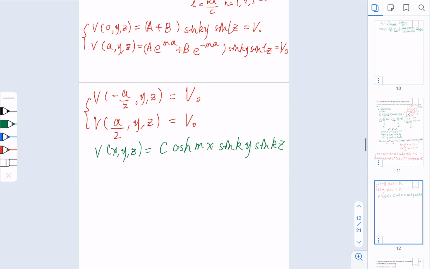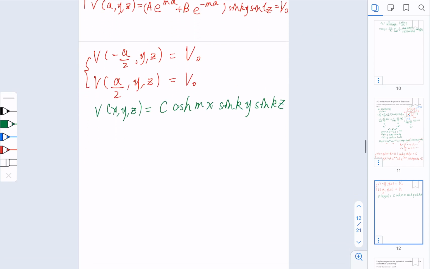And now the next step is to apply the boundary conditions. Either one of these is okay, because the two are equivalent to each other right now.